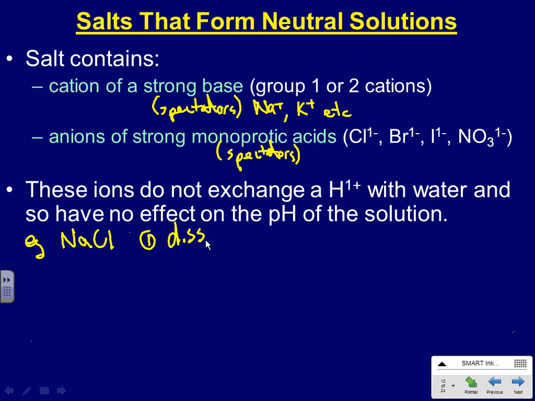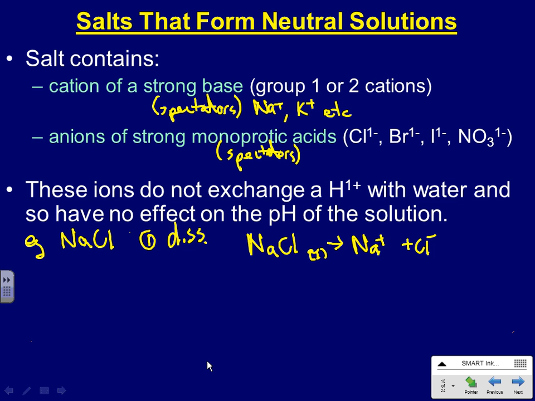I'm going to spell dissociation wrong, so I'm just going to put this. Remember, dissociation reactions are simply breaking the ions apart. NaCl aqueous is going to produce Na plus and Cl minus. So break the ions apart.